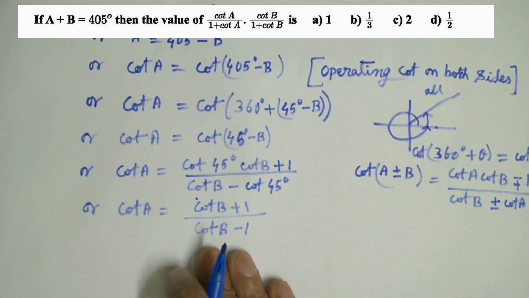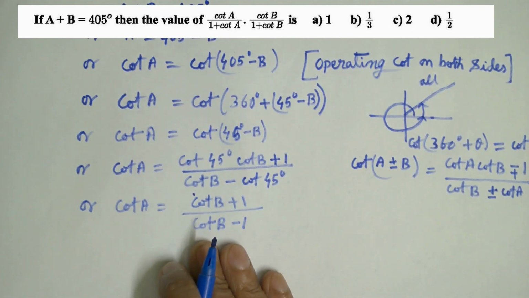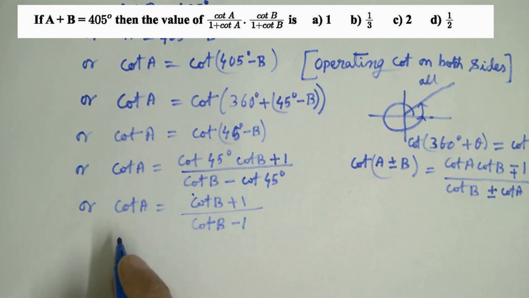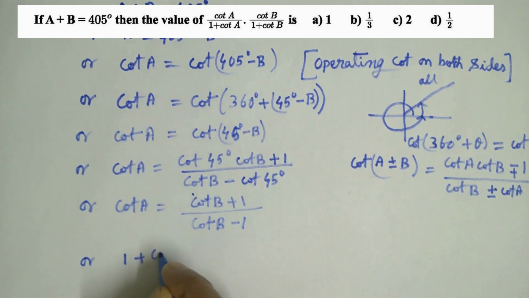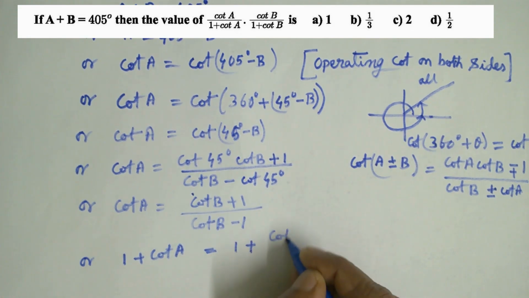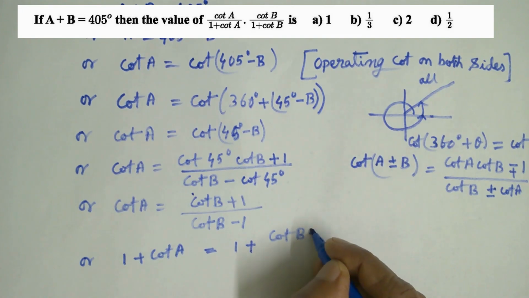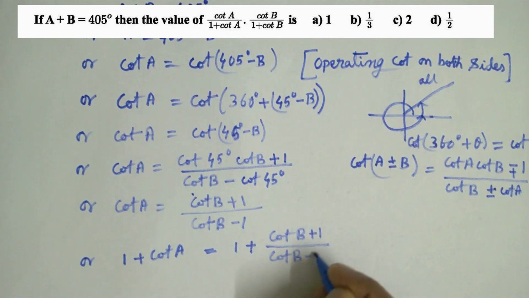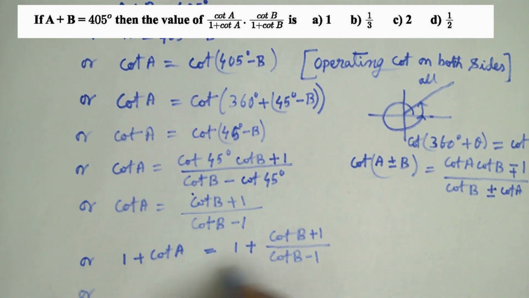See next how to do. In the question there is cot A by 1 plus cot A dot cot B by 1 plus cot B. So we have to do it such that we get 1 plus cot A. First, 1 plus cot A: 1 added to the left, similarly 1 added to the right, to maintain the equality. Now simplify the right hand side.